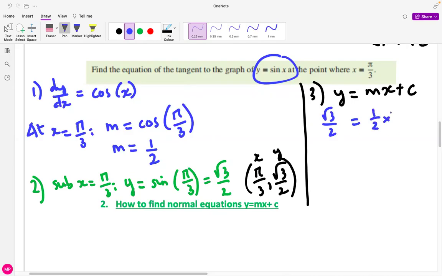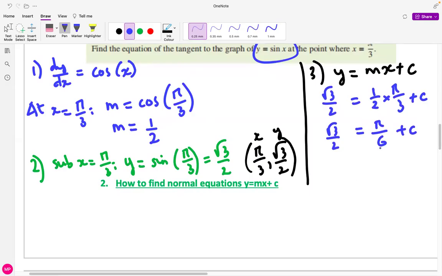Times x, which is pi on 3, plus c. So a half times pi on 3 is pi over 6 plus c, equal root 3 over 2 here. Then I can solve for c by taking away pi over 6: root 3 over 2 minus pi on 6 equals c.